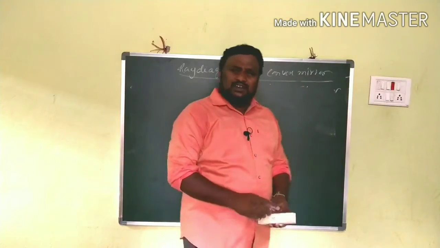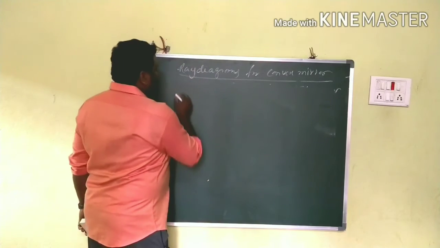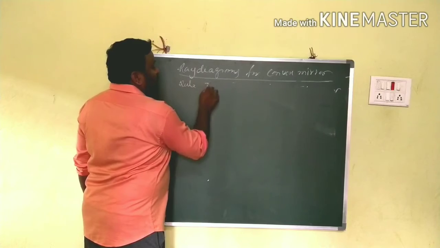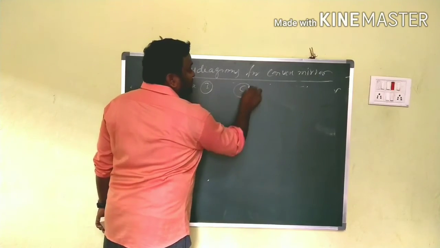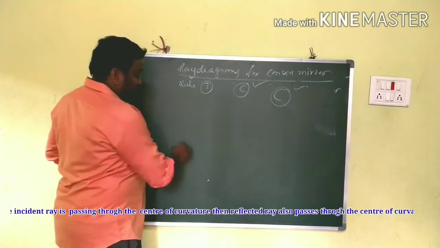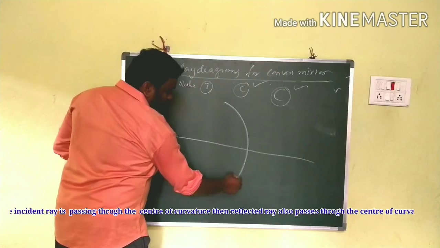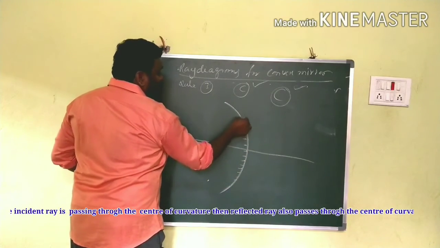Again, same as usual for concave mirror, what we draw, the same thing for convex mirror. Rule number 3. What is that? The incident ray passes through the center of curvature, and the reflected ray also passes through the center of curvature. Again, we are taking a convex mirror.